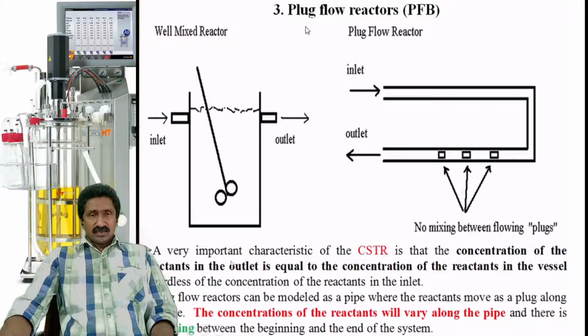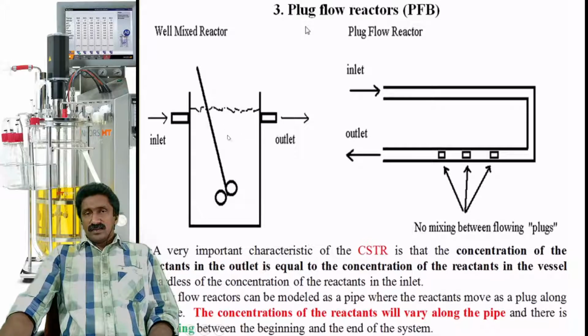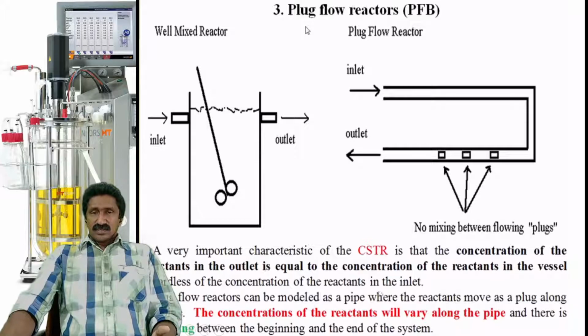A very important characteristic of a CSTR is that the concentration of the reactants in the outlet is equal to the concentration of the reactants in the vessel. So what is available in the outlet is the same concentration as that of the reactants in the vessel, because it is taken out, regardless of the concentration of the reactants in the inlet.